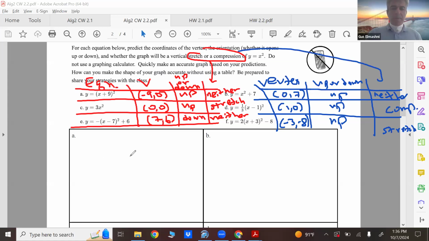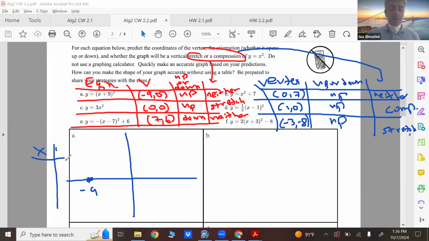So part A really quickly. Let's do this, right? Don't need to draw 9 tick marks. That's kind of ridiculous. Make a quick table, plugging in values close to the vertex. The stretch will be taken care of when you plug it in. You should get 1 and 1, right?